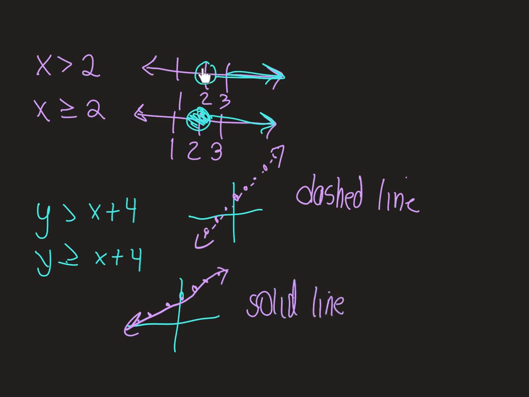Does not include 2, but shades everything to the right. Does include 2, shades everything to the right. Right here, dashed line, and we're still going to have some shading. This is our shading. And solid line, this is our shading. So dashed line and solid line.